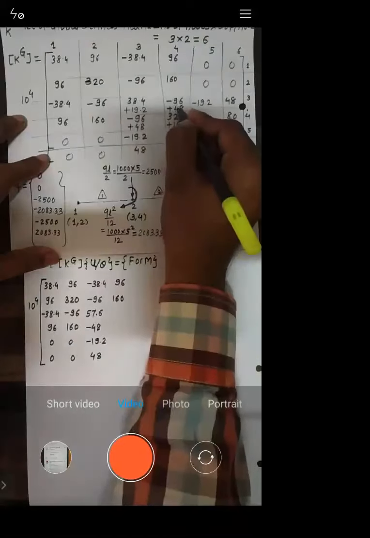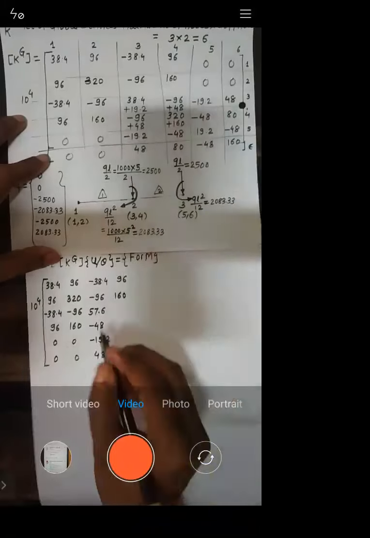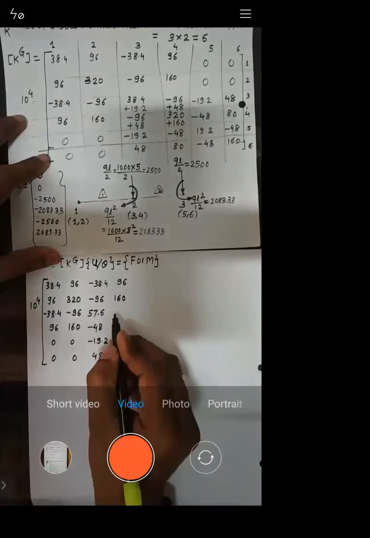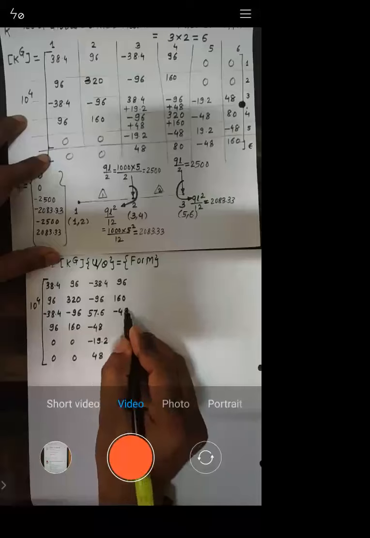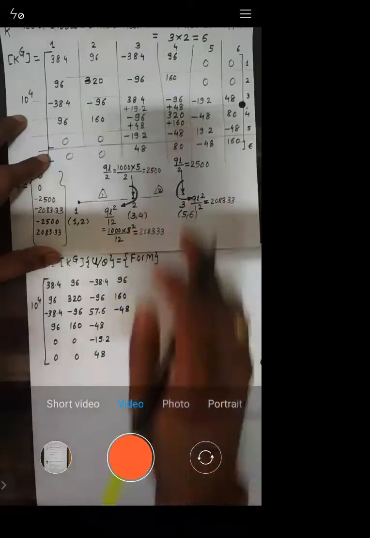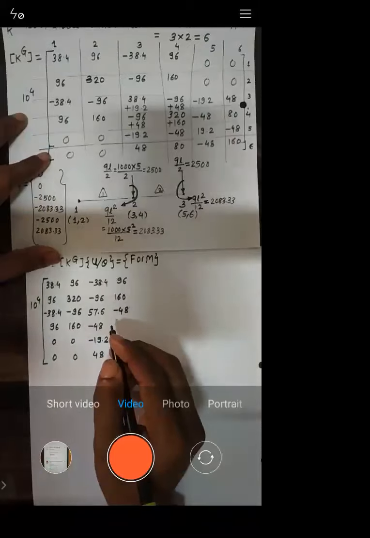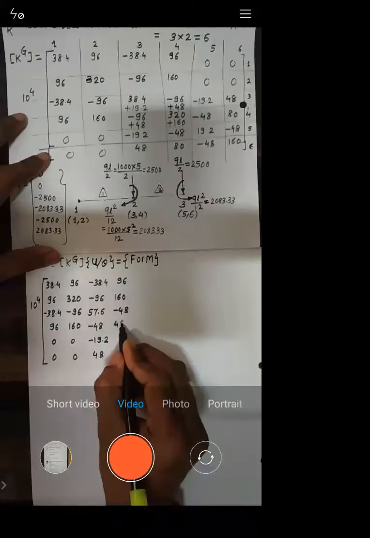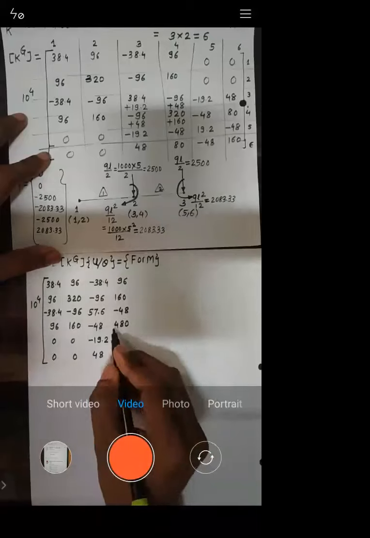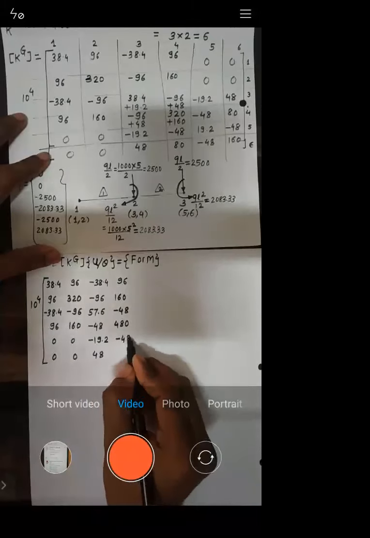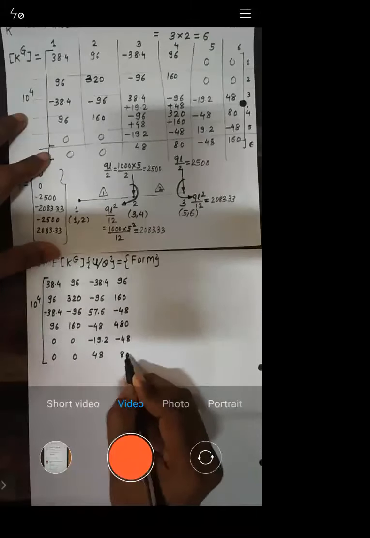Then this is again minus 96 plus 48, that is minus 48. Then 320 plus 160, 480. This is 480. This is minus 48. And this is 80.